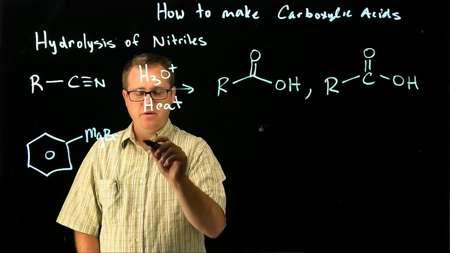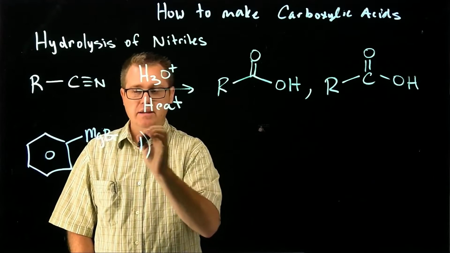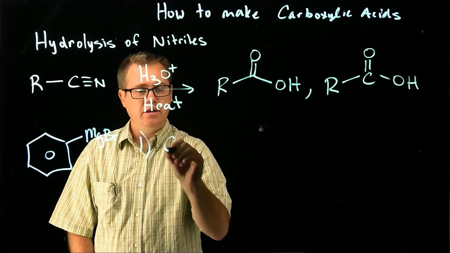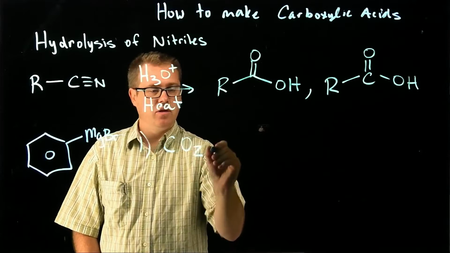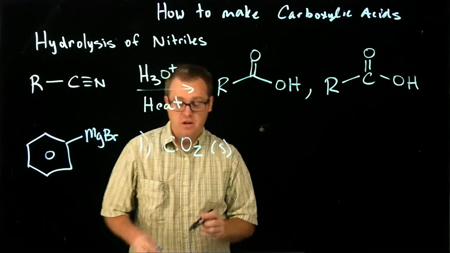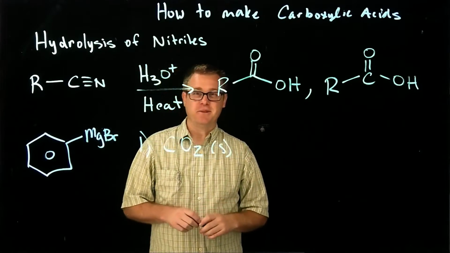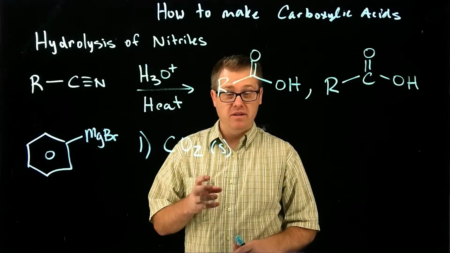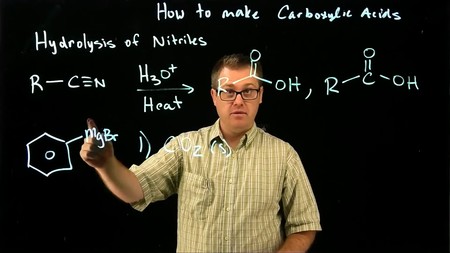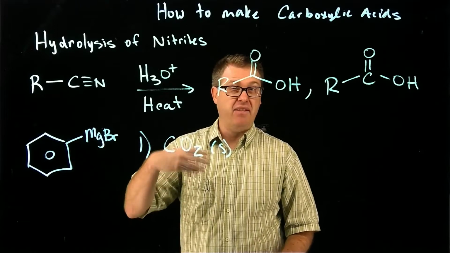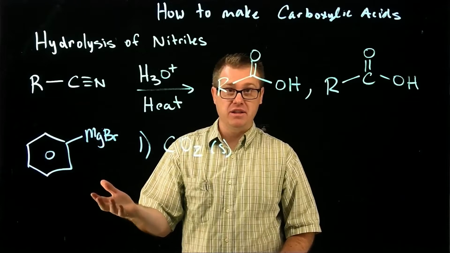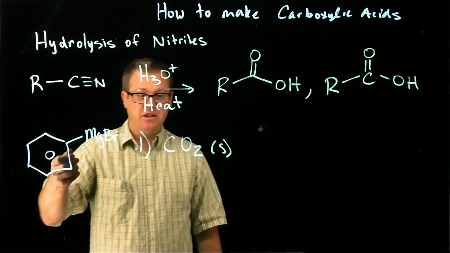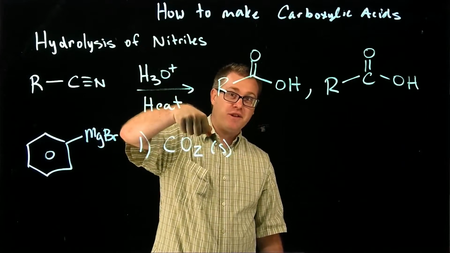And all we have to do is take that Grignard reagent and dump it over dry ice. You just get dry ice, and it's in the pebble form. And then you take this reaction, because remember, you have to make Grignard reagents. So this is going to be in an ether solution. And you just take that and dump it right over the dry ice.